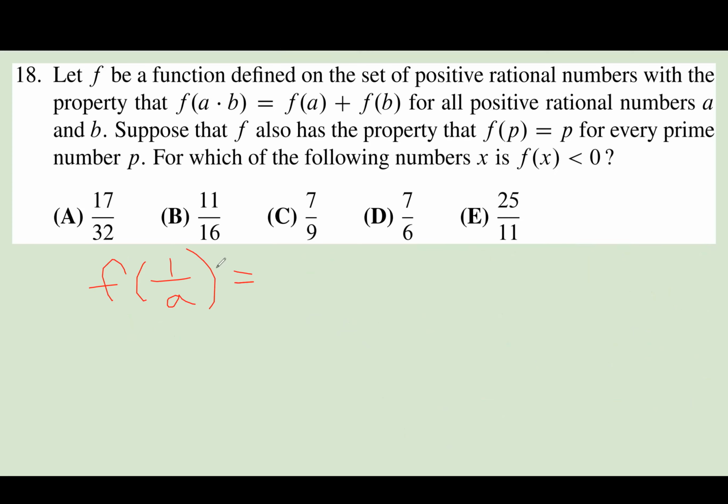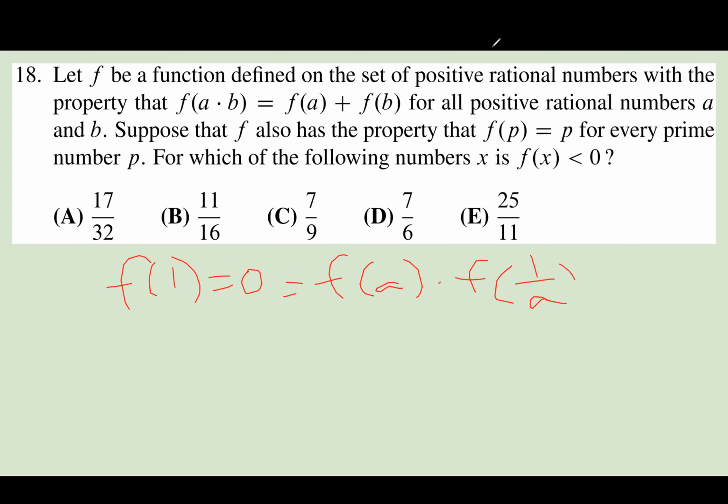Well, let me put it in a different way. f of 1, which we know is 0, would equal f of a times 1 over a, right? Which would be f of a plus f of 1 over a.